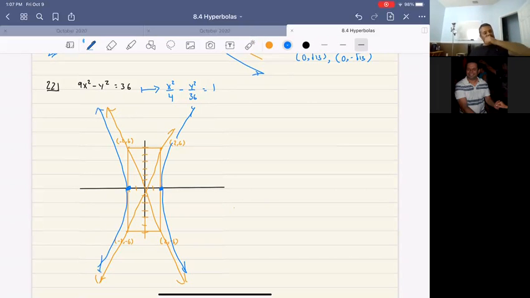Now, one last thing. Some of the questions ask you also to find the equation for the asymptotes. So the equation for the asymptotes is actually not bad, because it goes through the middle, right? So in this case, this one goes up 6 as it goes over 2, so y equals 3x.